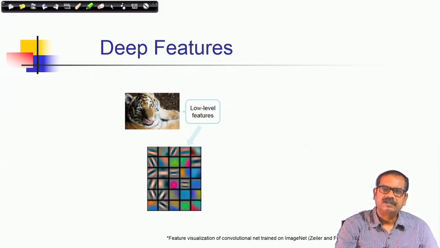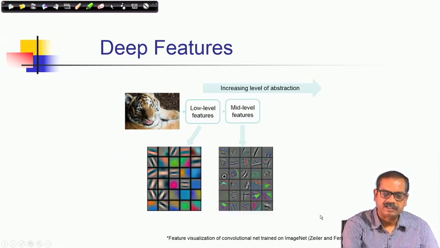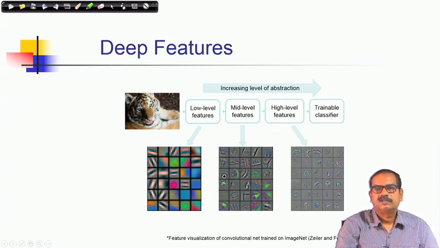Your neural network itself is learning to represent the features. So, there are different levels of feature representations when you are doing deep feature representation. You will have low level features, and as you increase the level of abstraction, you can have mid level features, you can have high level features, and then you train the classifier using these features. The whole thing you are doing in one shot. That means it is augmented, it is coupled.